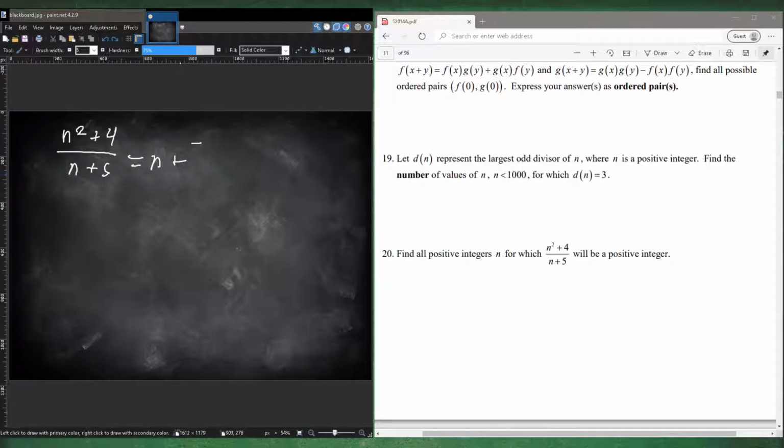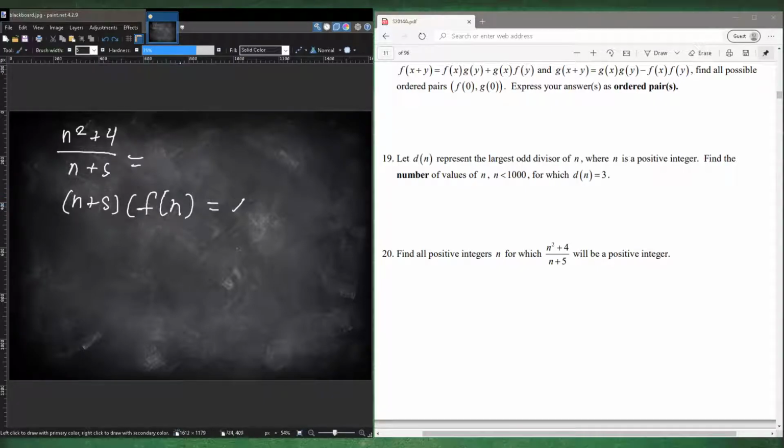Well, first, we could get rid of the negative 5n on top that we had before. So what we could do is we have n plus 5. What linear function, let's call it f of n, multiplies with this to give only a quadratic term and some kind of constant? If you think about it, this is plus 5, so we want to get rid of it.